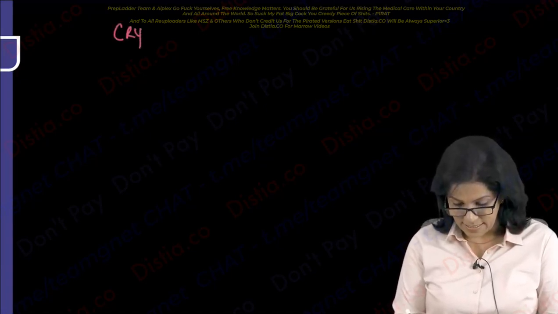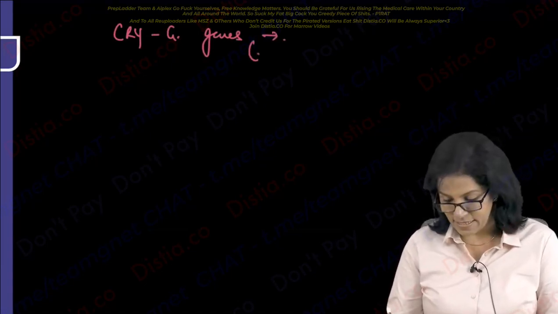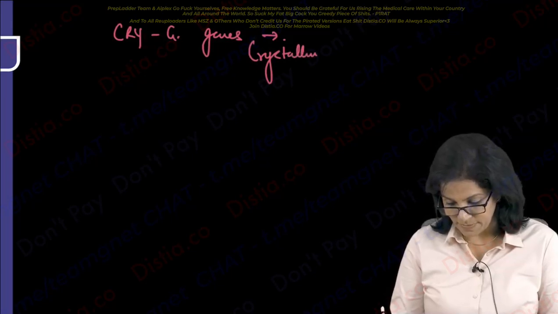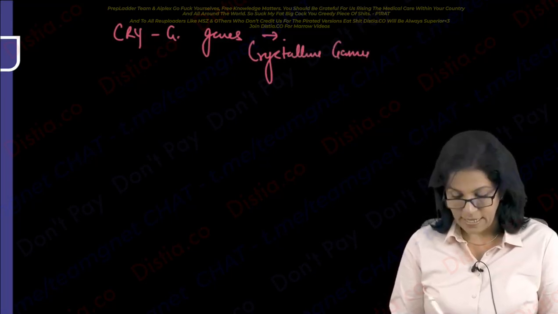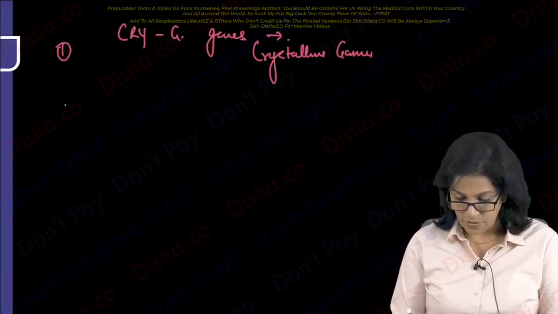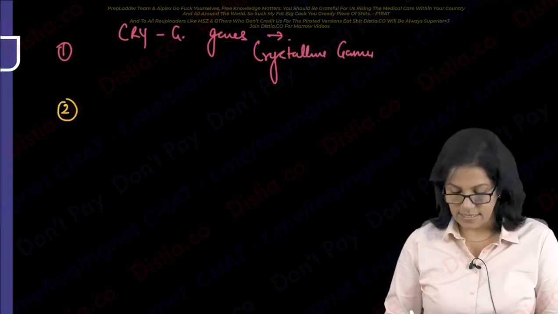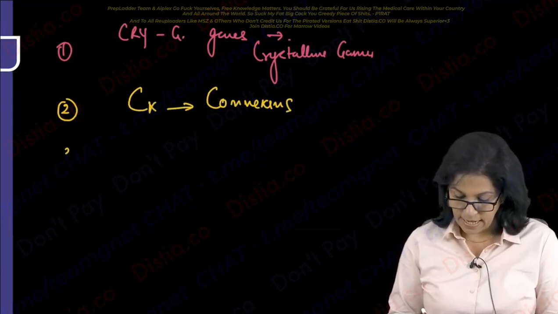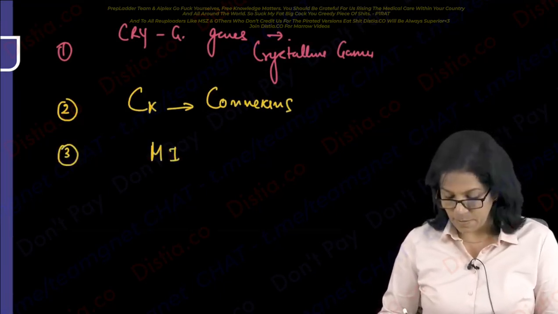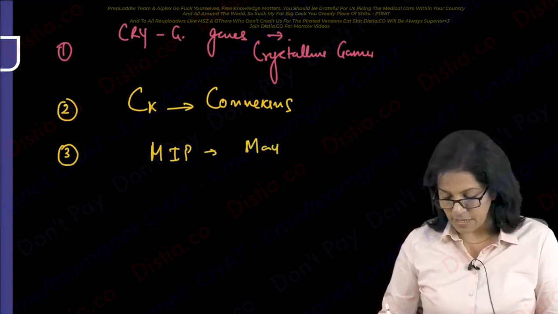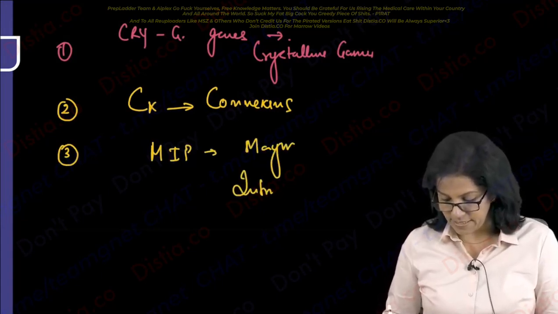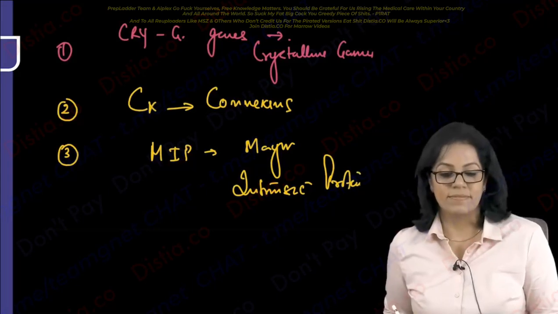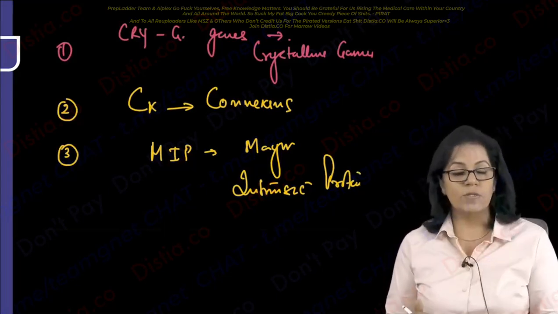One is your CRY genes. CRY stands for crystallin gamma. Second, you should know is connexins, CX. It stands for connexins. And third is your MIP, which stands for major intrinsic protein. So these are the genes which can be responsible.